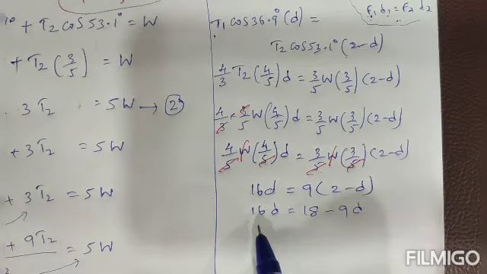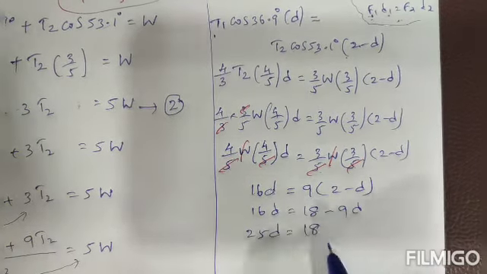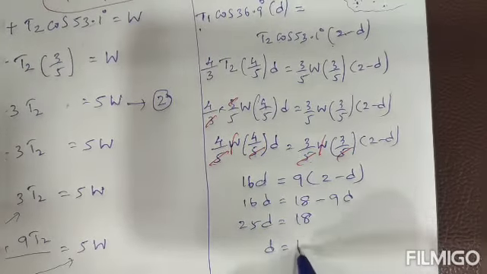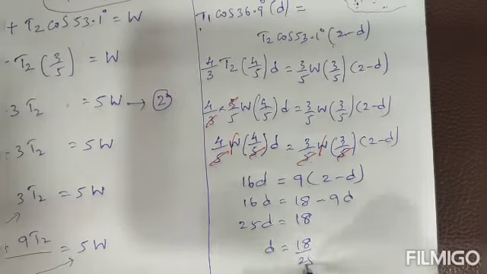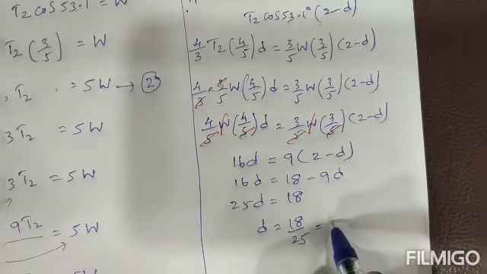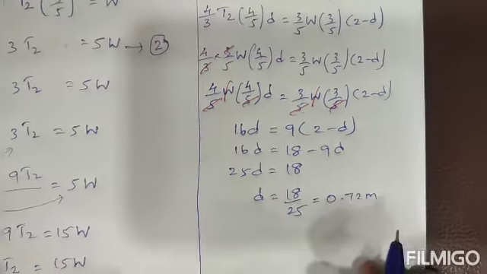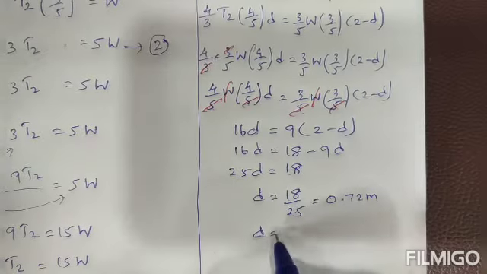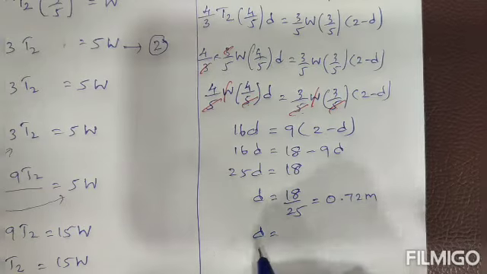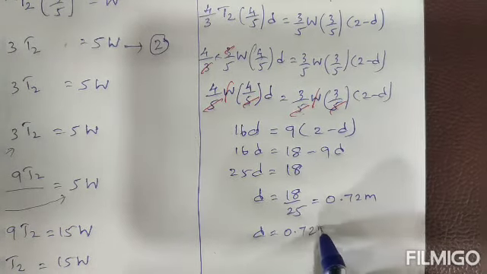Already 16 is there, so we can write 25D is equal to 18. Therefore D is equal to 18 divided by 25, that is 0.72 meter. So finally we found that the center of gravity, from the left side, is at a distance of 0.72 meter.